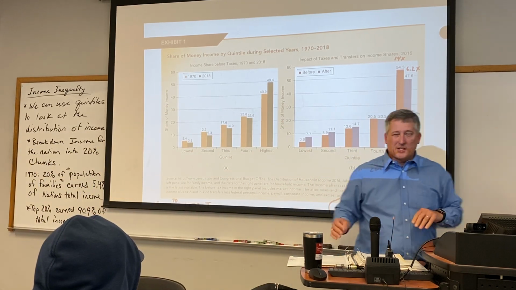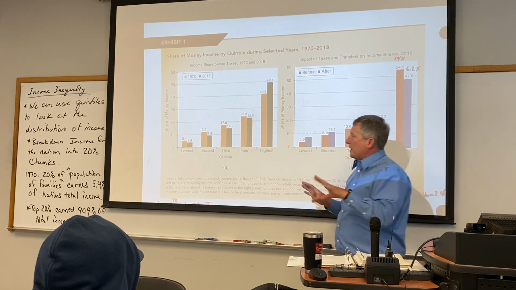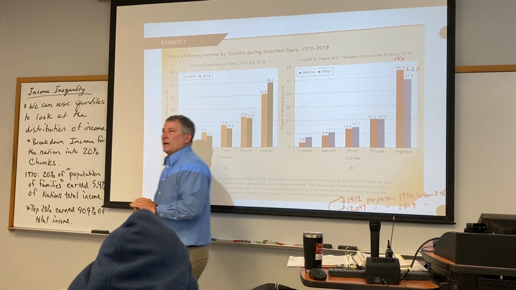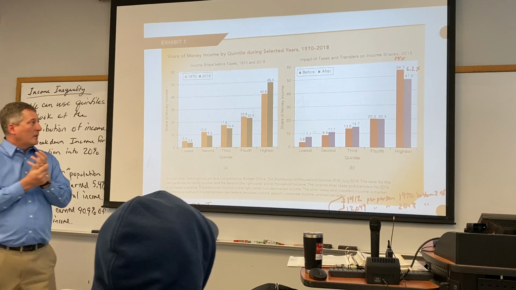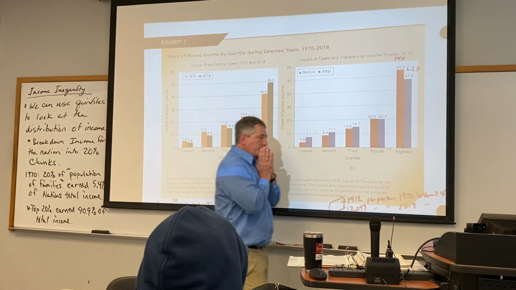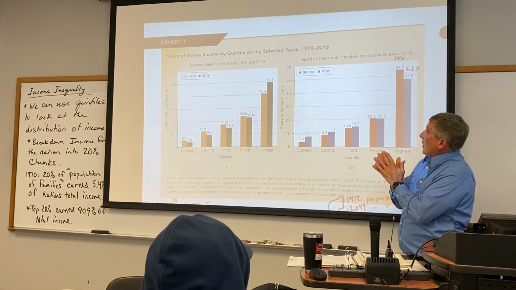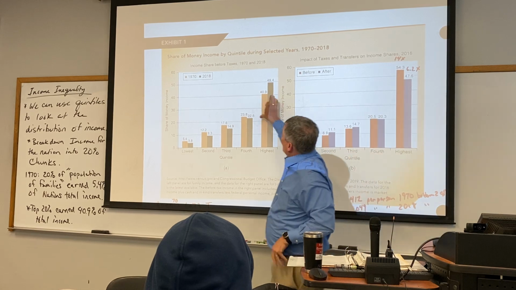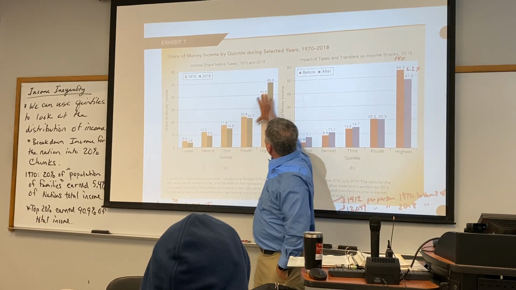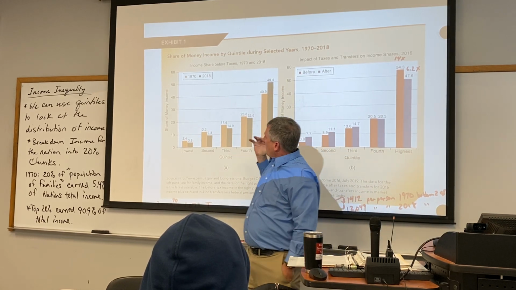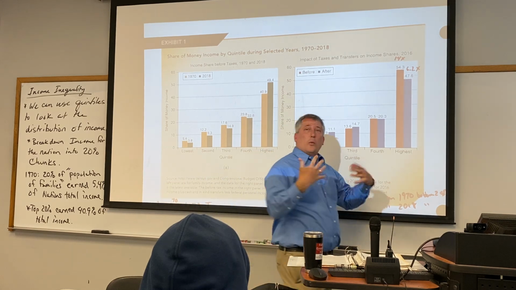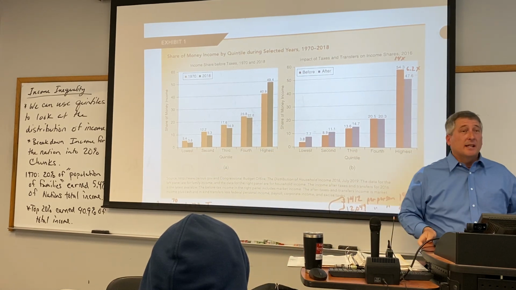Okay, so any questions on the interpretation? Because we'll use this quite a bit in this chapter, looking at these quintiles. All right. So this next part here shows 2018 in green. And so from that, what looks like happened to income inequality?